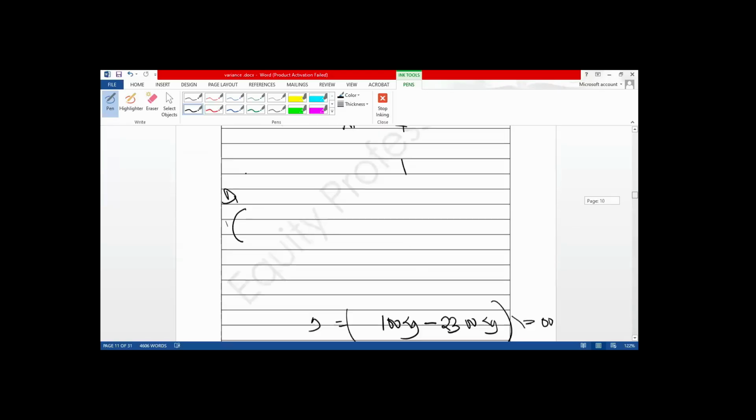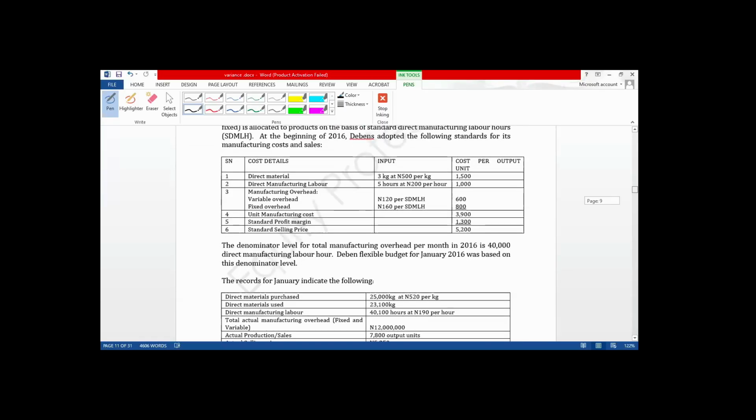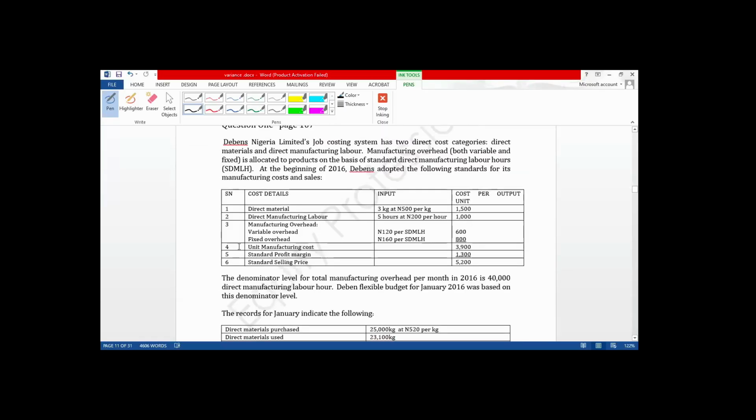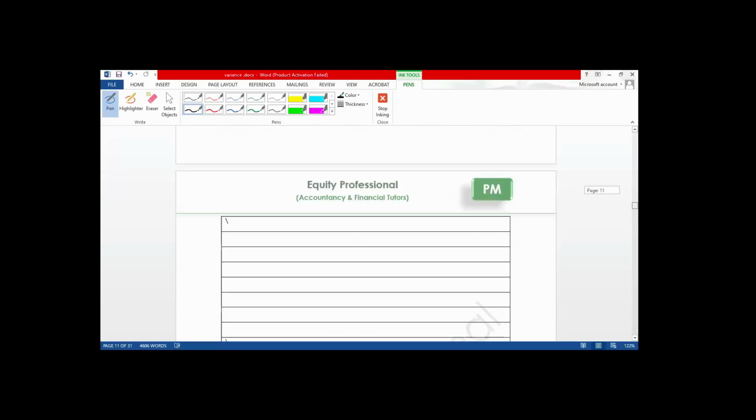Let's go to the standard table. Variable overhead at a rate of 120 per standard labor hour. This is the variable overhead absorption rate per labor hour, 120.